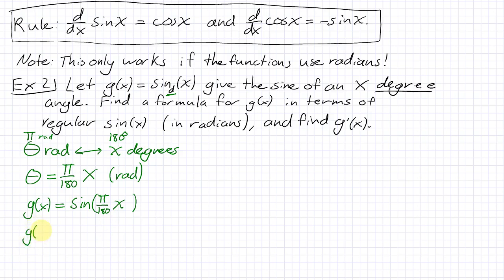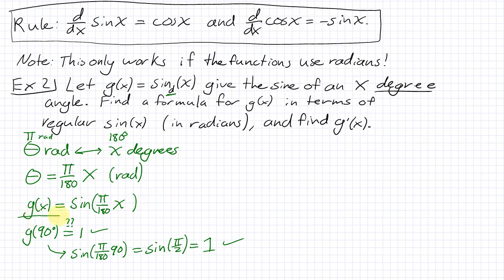So for example, g of 90 degrees should be equal to 1. Let's just check that that works. If we do g of 90, it will come out to be sine of pi over 180 times 90. And that 90 over 180 will cancel out to give you 1/2. So this is sine of pi over 2, when with regular old radian sine, you just get 1 there. So that's just me checking that this function does what it's supposed to do.